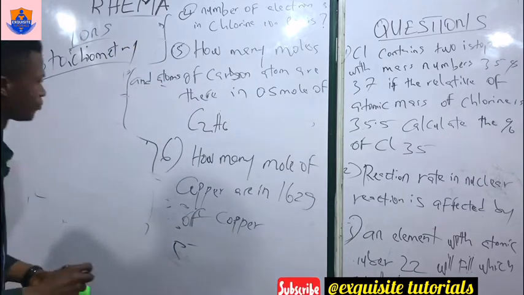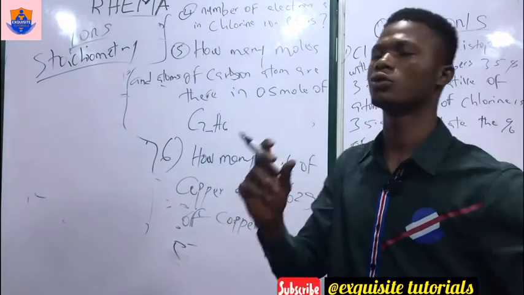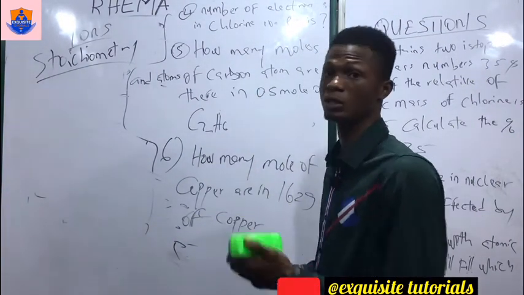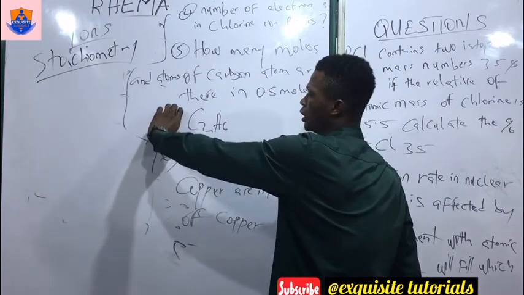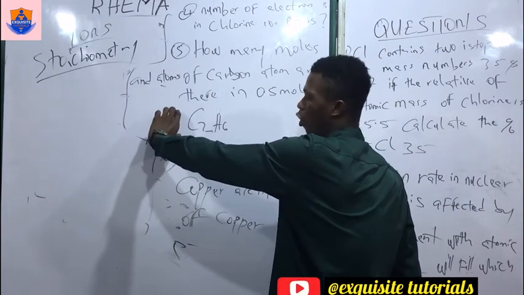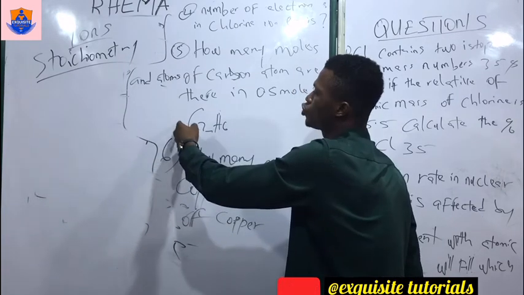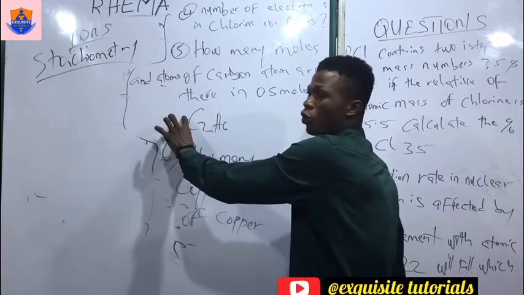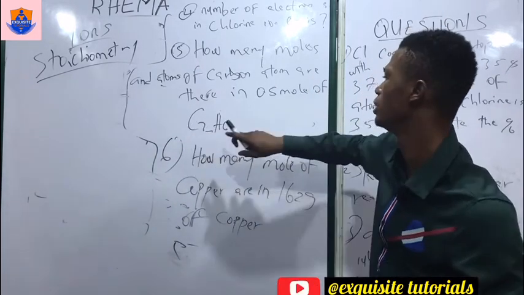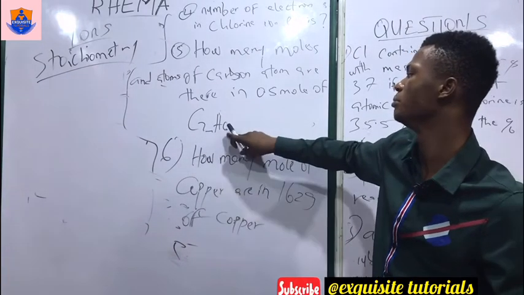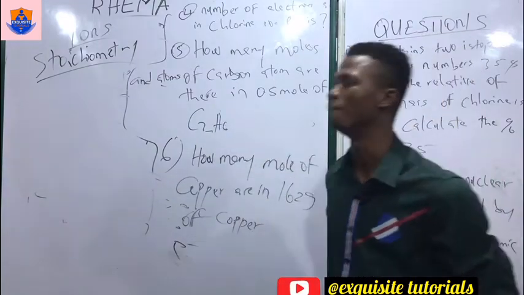When you are calculating moles and numbers of atoms, once there is no number here, it means the mole of that compound or element is 1. But when you see 2 here, it means the mole is 2. But when you see numbers attached to the elements, it means they are talking about the numbers of atoms of that element in that compound.